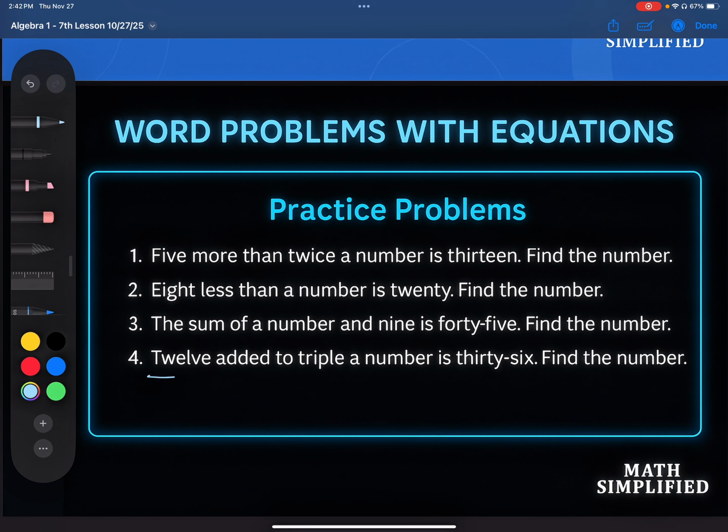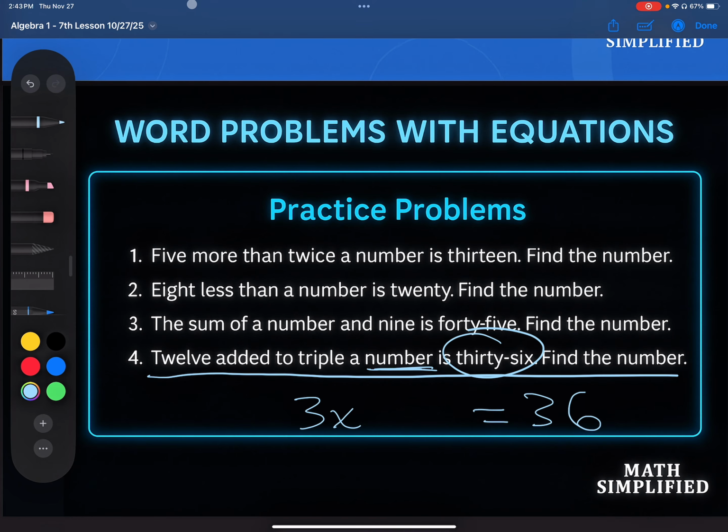So now our final example is 12 added to triple a number is 36. So 36 is our total amount, okay? So we put 36 here, and then 12 added to triple a number. So the number is the unknown again. And then we're multiplying it by 3. Triple means 3, okay? So we're going to put it as 3x, because we're multiplying the unknown by 3 and the unknown is the number.